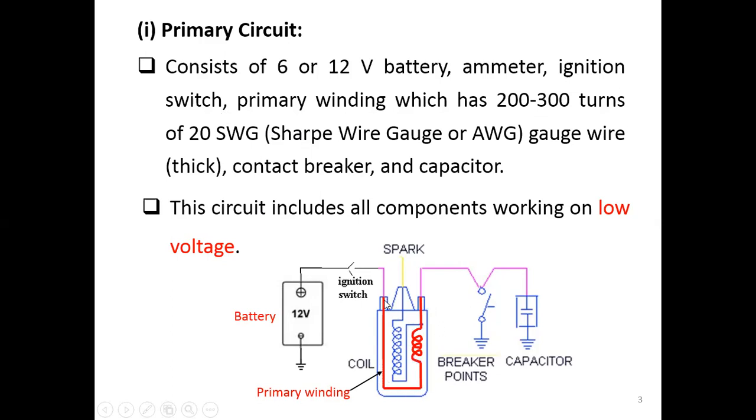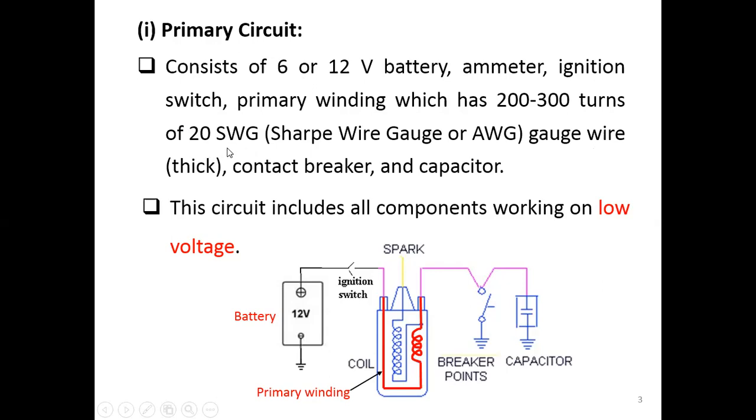This primary winding has very few turns, about 200 to 300 turns of gauge wire. For the gauge wire, we normally have a standard that tells you how thick the wire is, and it normally tells you with a number. For example, this is 20 SWG.